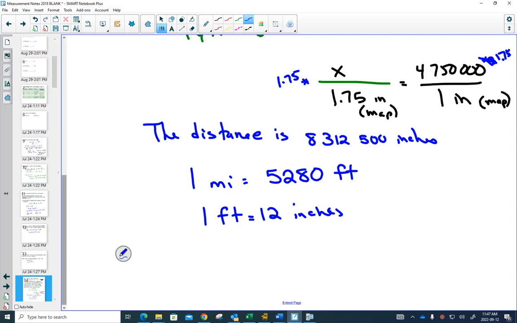And I can write out that 8,312,500 inches is 692,708.3 repeated feet. Include my units.